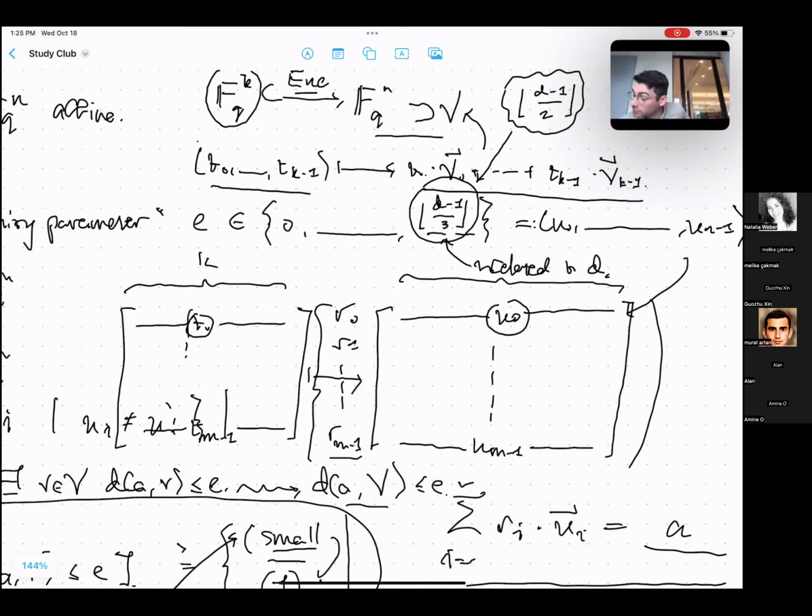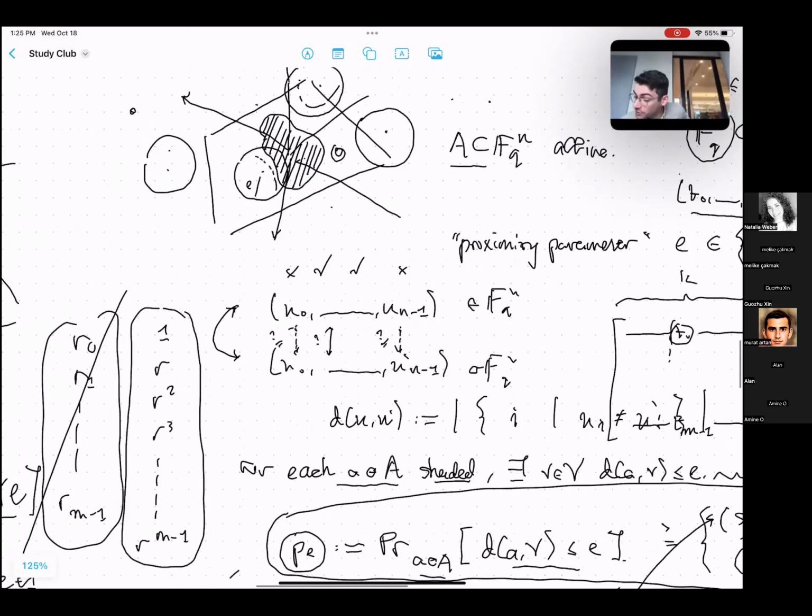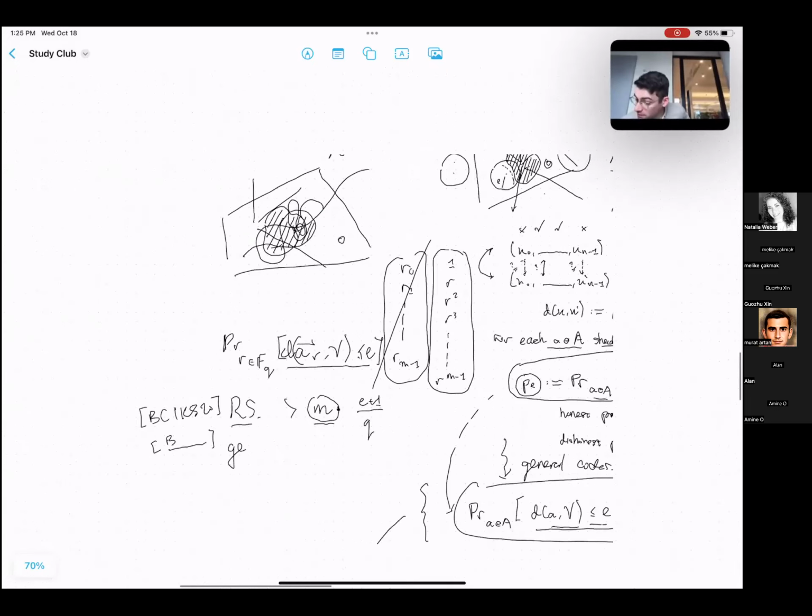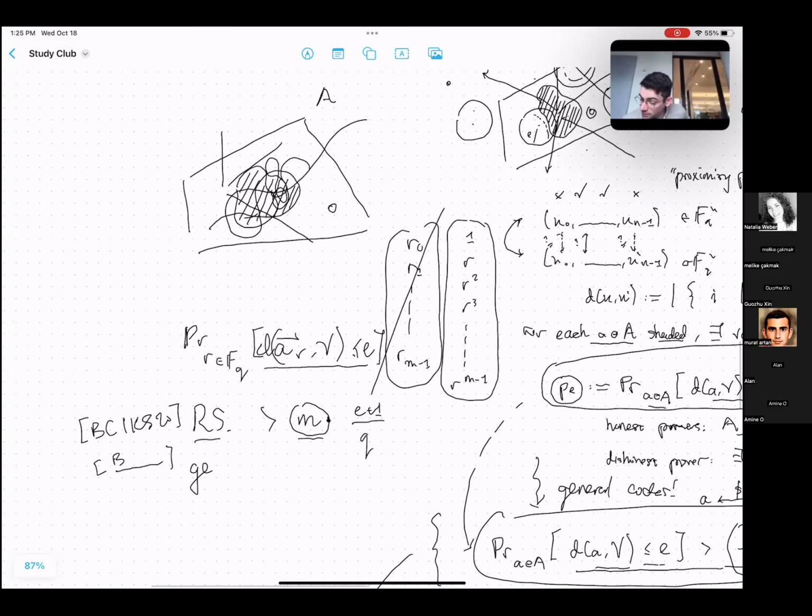For general codes. Now, for Reed-Solomon codes, it is known due to this paper that we can actually take up to unique decoding, d plus 1 over 2, although they actually have a worse false witness probability of n over q instead of e plus 1 over q.